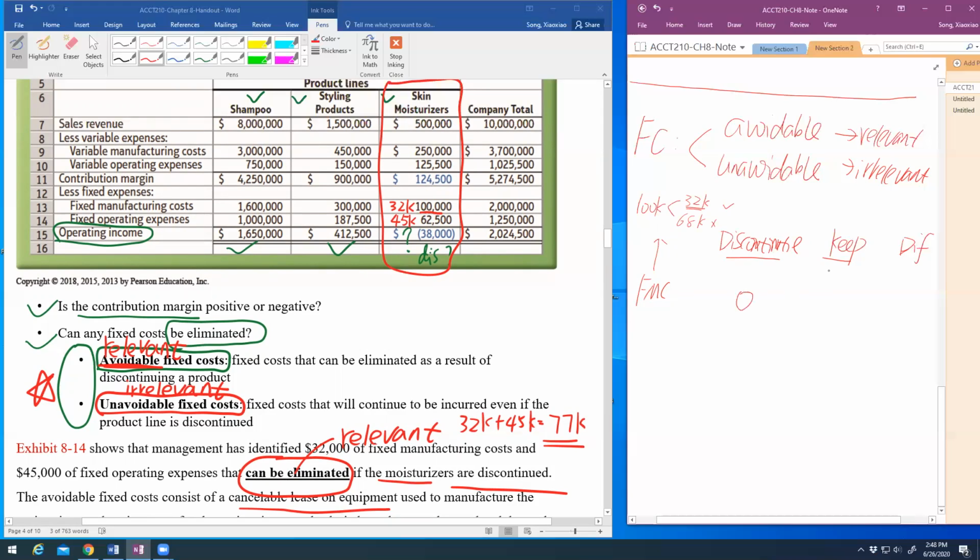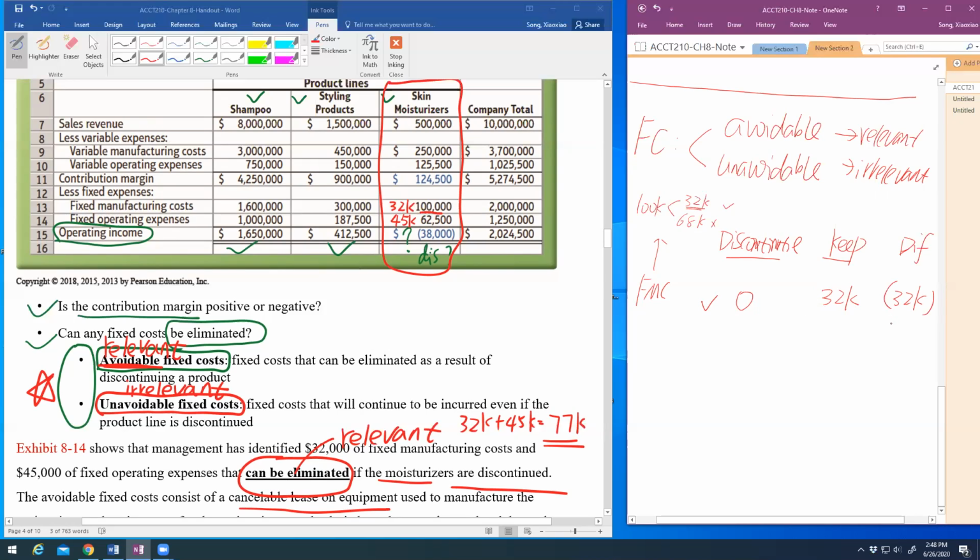But if you keep the product, you have to lease that equipment and the lease cost is 32,000. So there is a difference of 32,000, so that 32,000 is relevant.